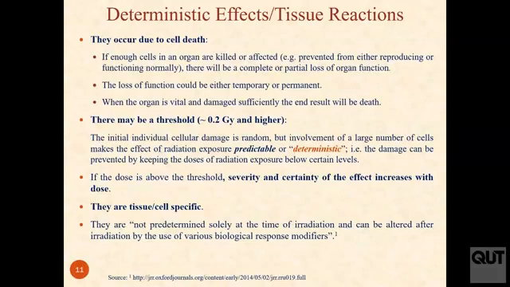There may be a threshold, 0.2 gray or higher. It depends on the person and it depends on the tissue, and everything in deterministic effects depends on the tissue type.